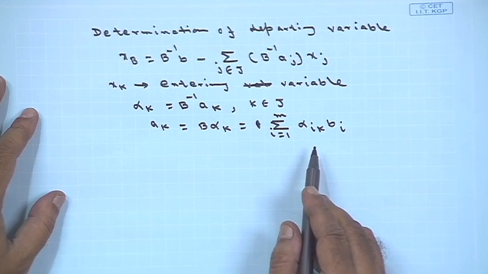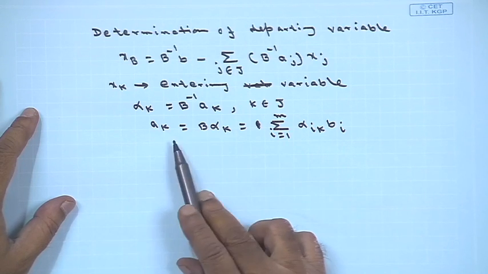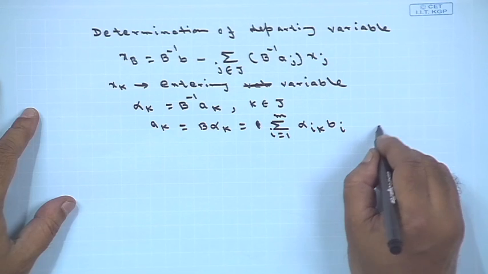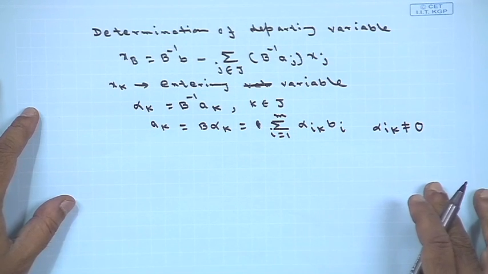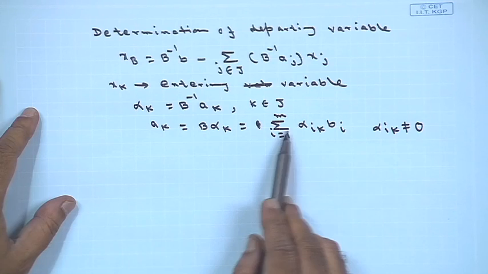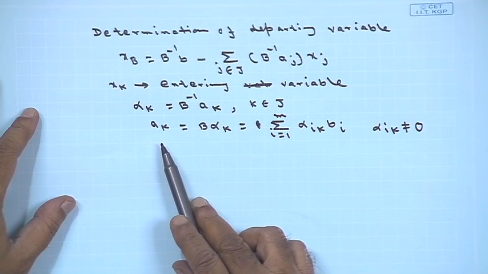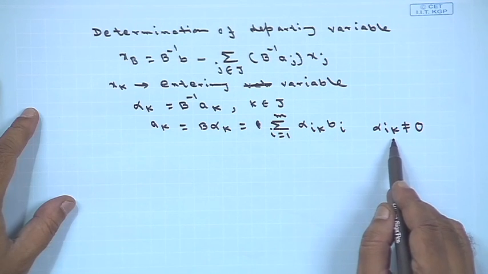So, by the replacement theorem of linear algebra, we can say that a_k can be replaced by any b_i provided alpha_ik is not equal to 0.